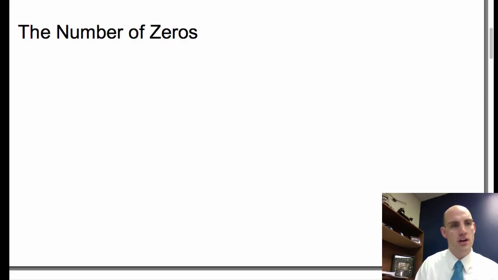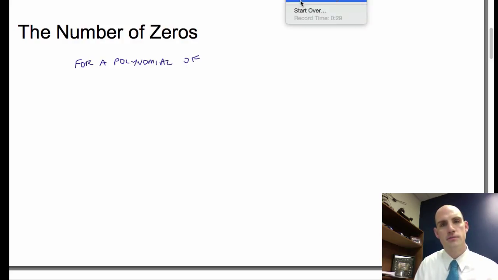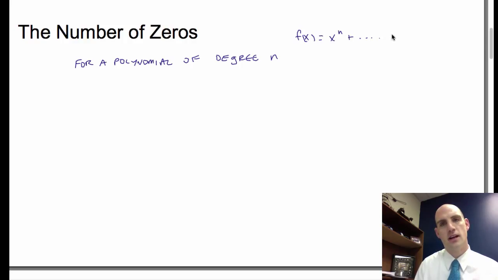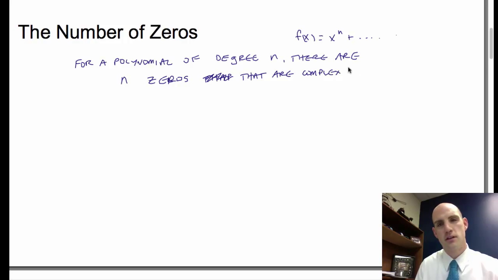The general rule here is that for a polynomial of degree n, for example f of x equals x to the n plus and so on, that highest degree polynomial, there are n zeros that are complex numbers.